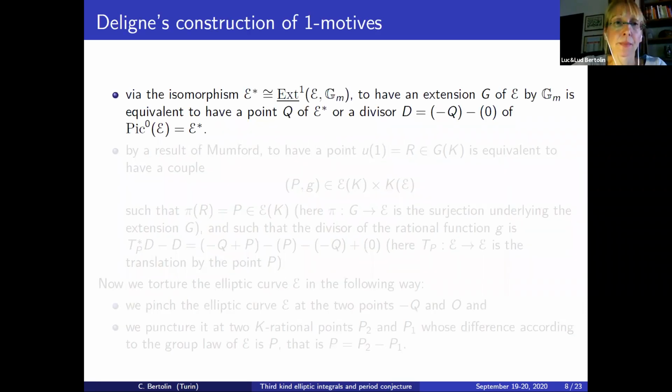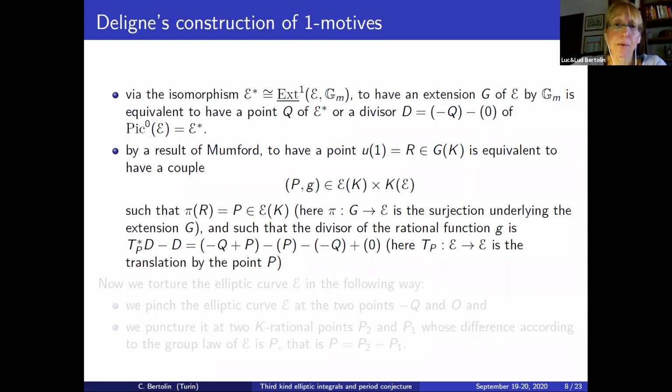1-motives have been introduced by Deligne, and so I want to recall now this construction. So there is a morphism between the dual elliptic curve and Ext^1(E, Gm). We have already observed that an extension of E by Gm is equivalent to having a point in E star or to having a divisor of Pic^0 of E. We have already observed this.